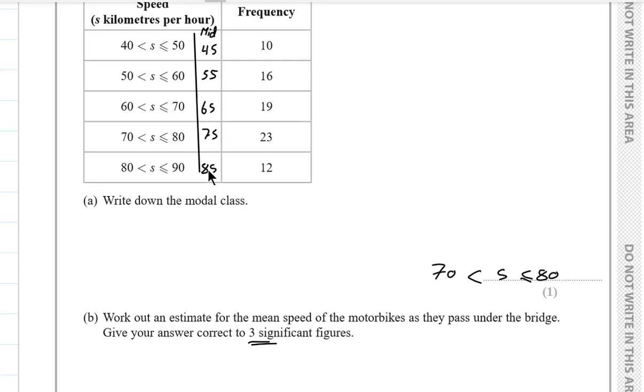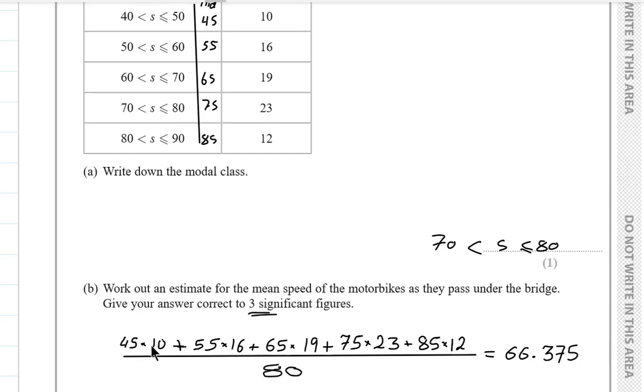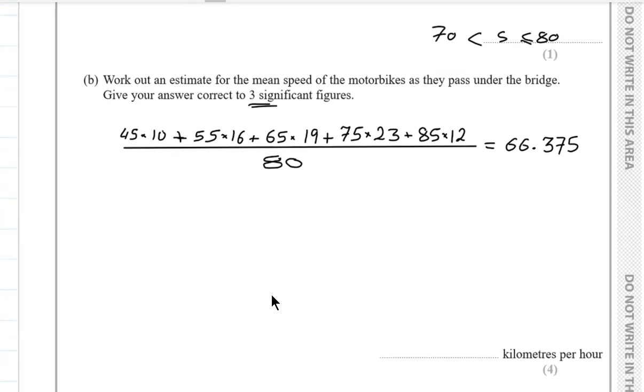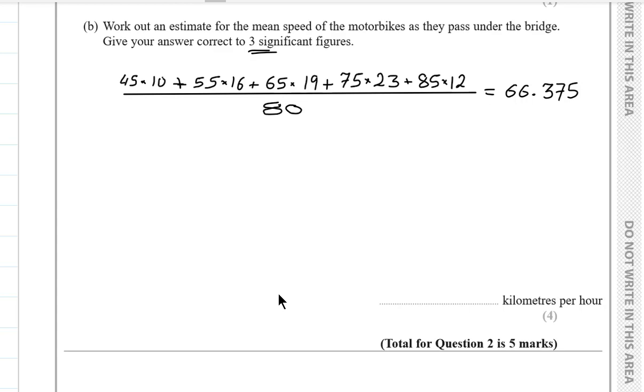Then I multiply each mid-interval by the corresponding frequency and add as follows: 45 times 10, 55 times 16, and so on, and divide by the total frequency, which is 80, as mentioned in the beginning of the question, and the result is 66.375. But don't forget that the required is correct to three significant figures, so we should write the answer as 66.4, right?